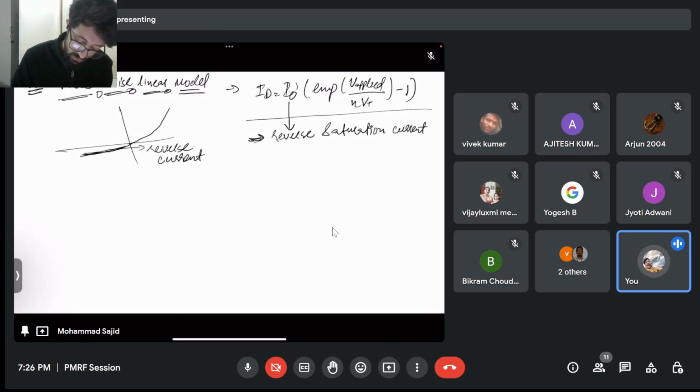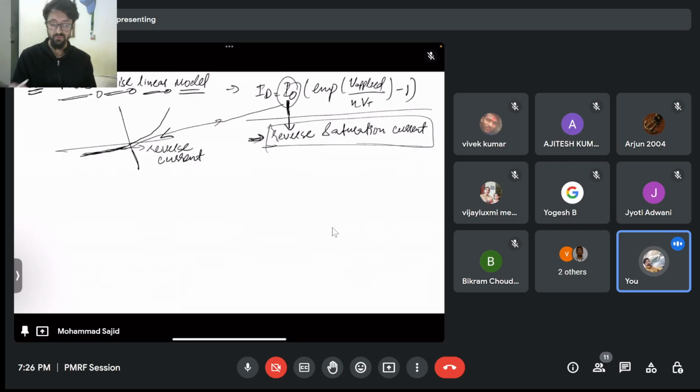The magnitude of this current comes out to be almost equivalent to your reverse bias current. That's why it's called a reverse saturation current, because in forward bias you cannot have a component flowing in the reverse direction. So it's just by name. When you derive this formula, you will see that it depends on doping in both the regions. So it's nothing like a reverse current. Its magnitude is just equivalent to reverse current.